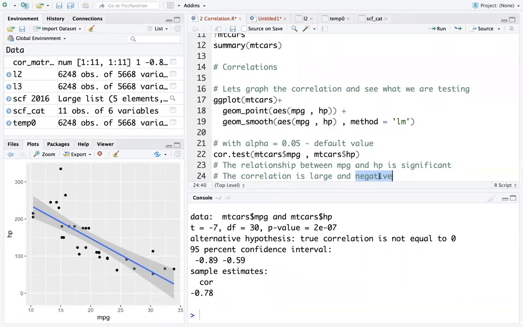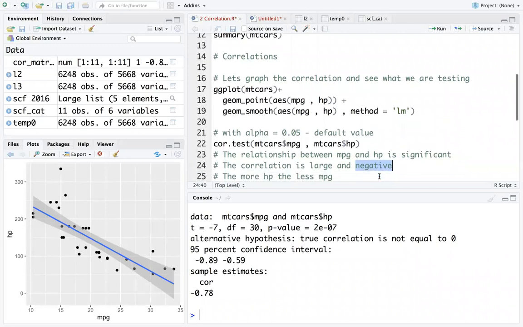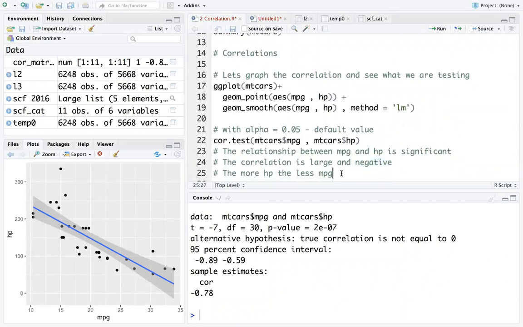That's it. Now, for business decisions, you need to write something that everyone can understand. Because if you write an email saying, hey, the relationship between miles per gallon and horsepower is significant, the correlation is large and negative, I'm still wondering, so what does that mean?